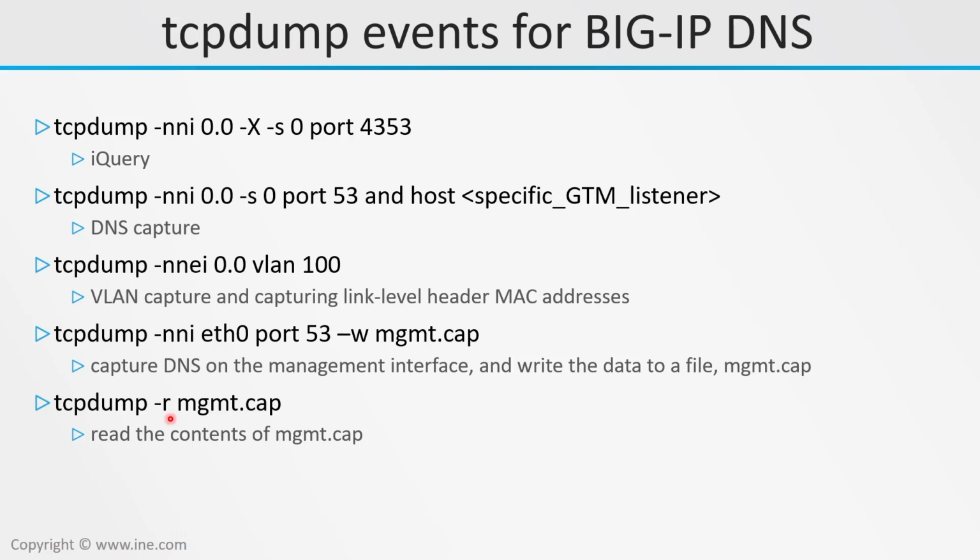If you know exactly what you're looking for, maybe you want to grep on the exact error or header information, then you can do a -r instead of copying that file off to a local system, and then running a protocol analyzer on that. Okay, so those are just some examples to run tcpdump specifically for BIG-IP DNS.